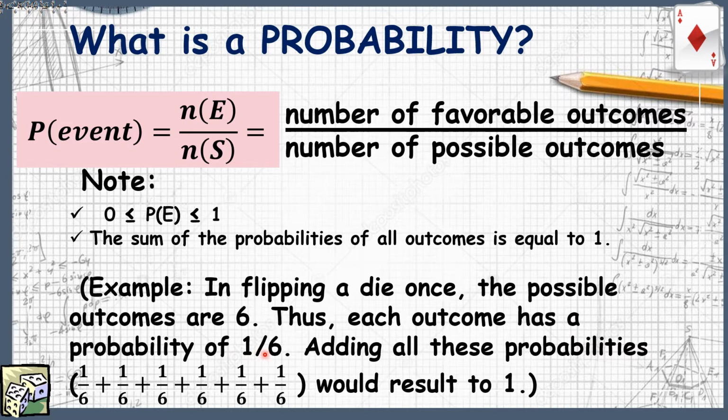So, yung probability na makakakuha ka ng 1 ay 1 over 6. Yung probability na makakakuha ka ng 2 ay 1 over 6. Probability na makakakuha ka ng 3 ay 1 over 6 hanggang sa probability na makakakuha ka ng 6 ay 1 over 6. So, pag inadd mo lahat tong 6 na 1 over 6, it would result to 1. Yun yung ibig sabihin dun sa second note natin na the sum of the probabilities of all outcomes is equal to 1.